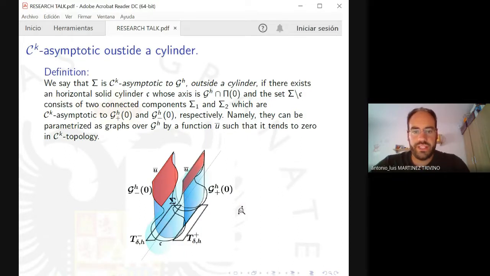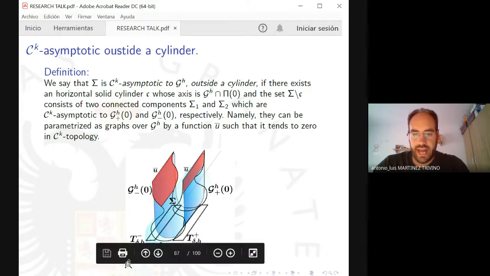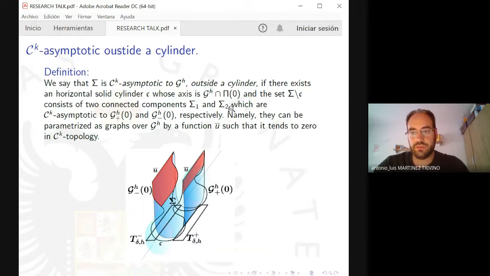Definition. We say that sigma is C^k asymptotic to a phi3 catenary cylinder outside a cylinder if there exists a horizontal solid cylinder C whose axis coincides with the axis of the phi3 catenary, and the two connected components of sigma outside of the cylinder, sigma 1 and sigma 2, are C^k asymptotic to the right part and the left part of the catenary cylinder, respectively.